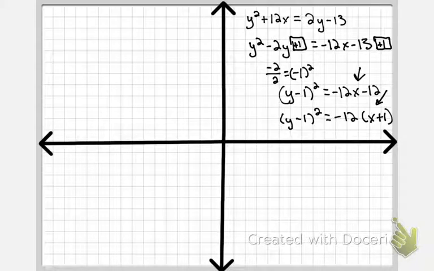At this point, I have everything I need to get everything else. I also know that my parabola is going to the left because that's a -12. I should have said on the previous one it was going to the right because p was positive. I forgot to say that, my bad. So since that's a -12, I know that this parabola is going to be going to the left.